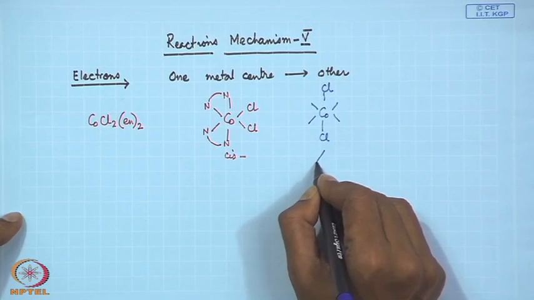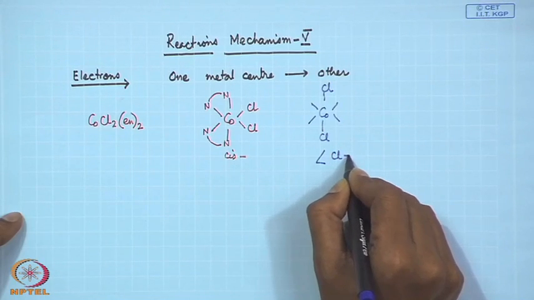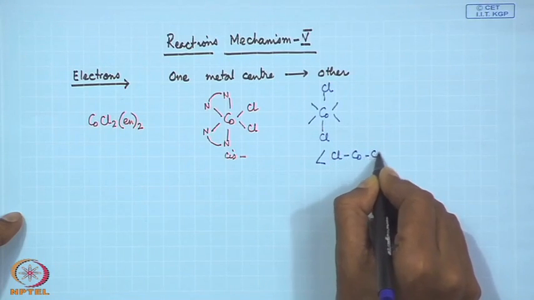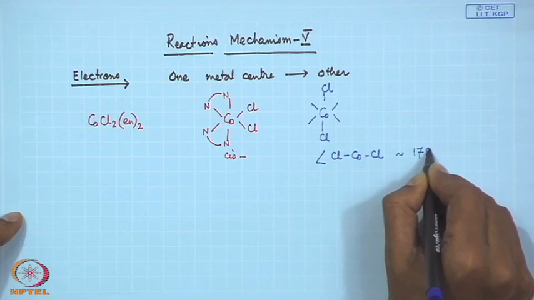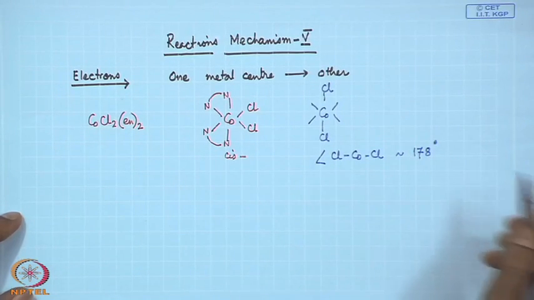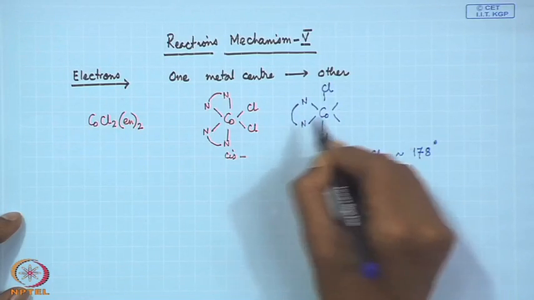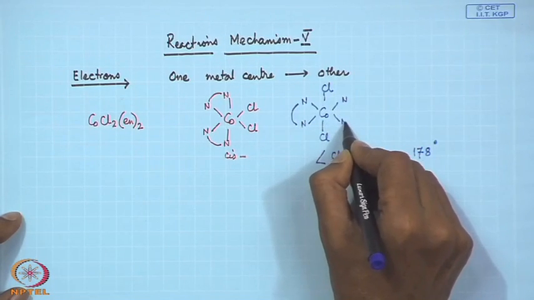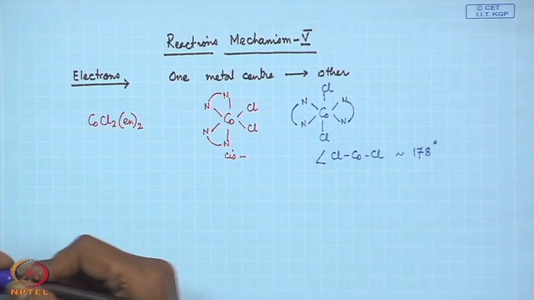That means we have a Cl, Co, Cl angle in the range of, say, 178 degrees to 180 degrees. Here these 2 ethylene diamine chelating ligands remain in this particular fashion.